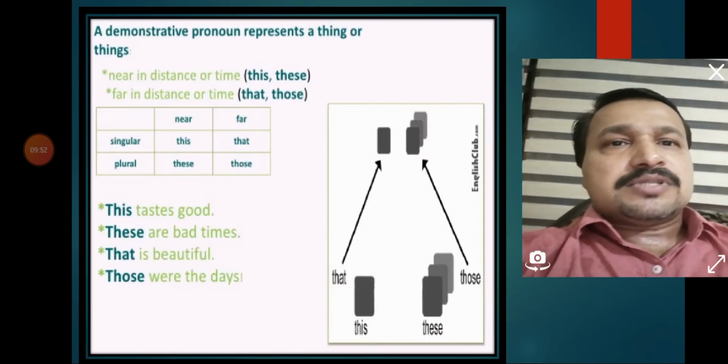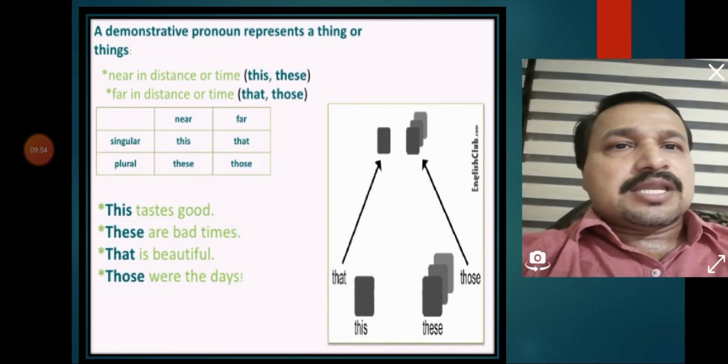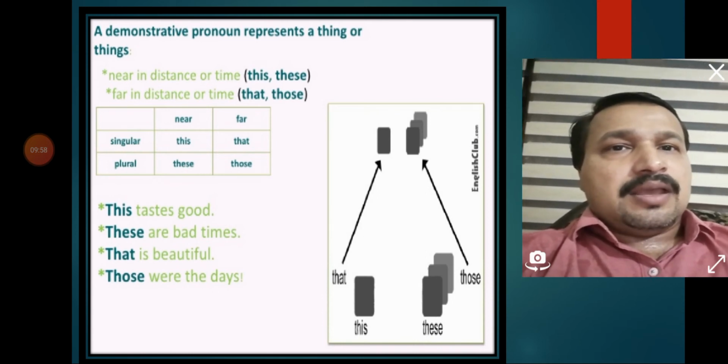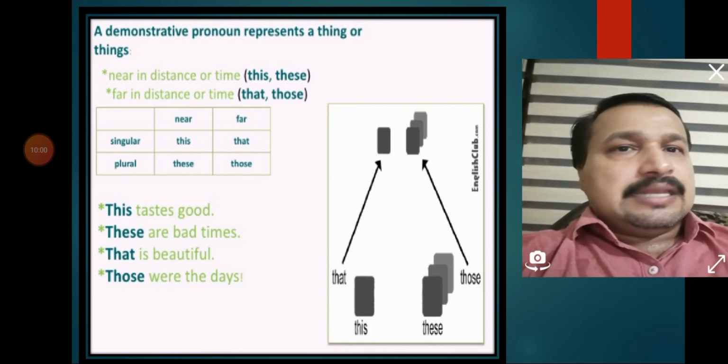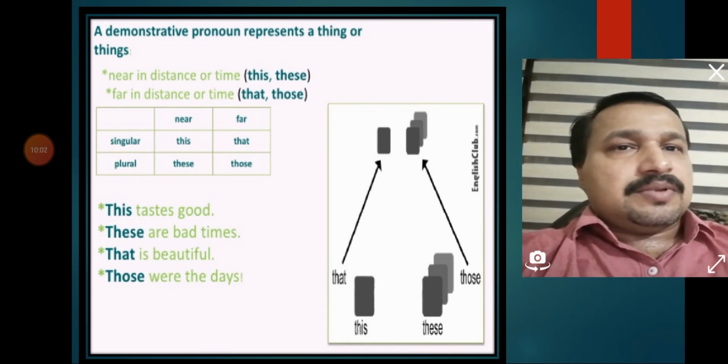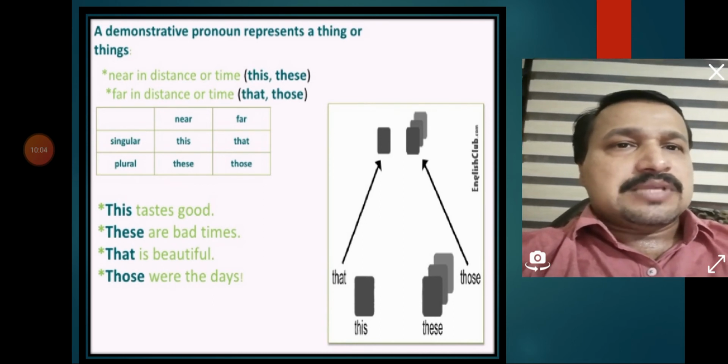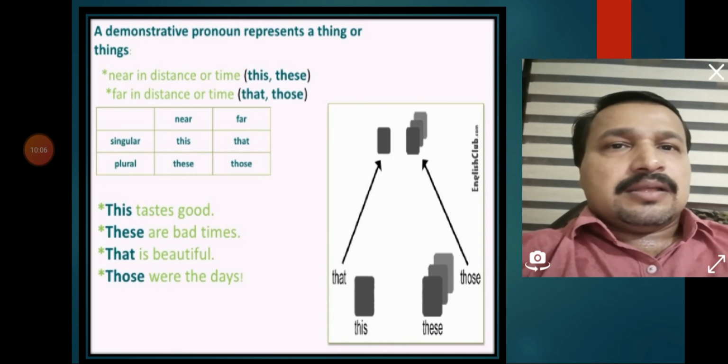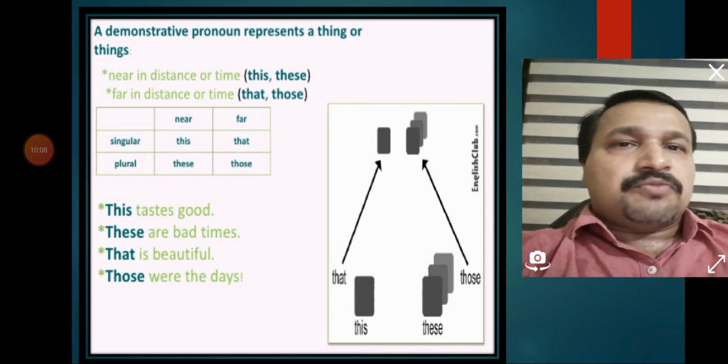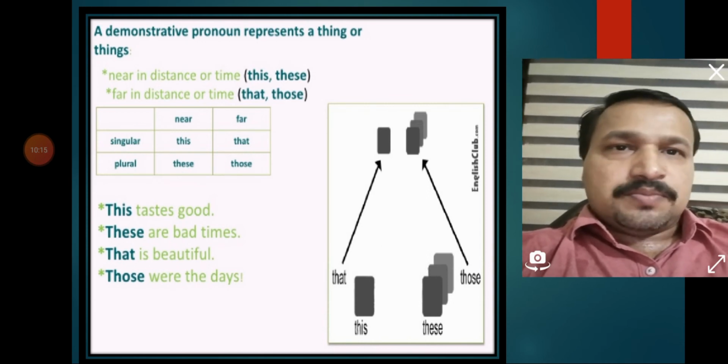Then demonstrative pronouns. Demonstrative pronouns represent a thing or things. Near, in distance or time, there we use this, or these as the plural form. Far, in distance or time, we say that or those.